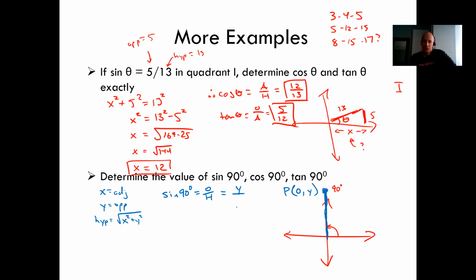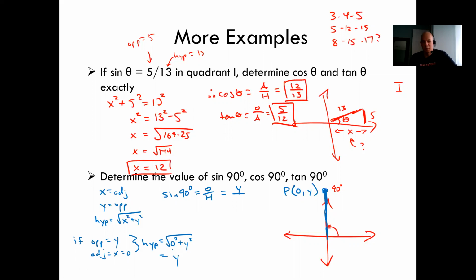Now what's the hypotenuse? You can kind of logic this out, or you could do some math. If opposite equals y, and the adjacent equals x equals 0, then the hypotenuse equals the square root of 0 squared plus y squared. This is a pretty mathematical and overly technical way of saying the hypotenuse is the square root of y squared, which is just y.